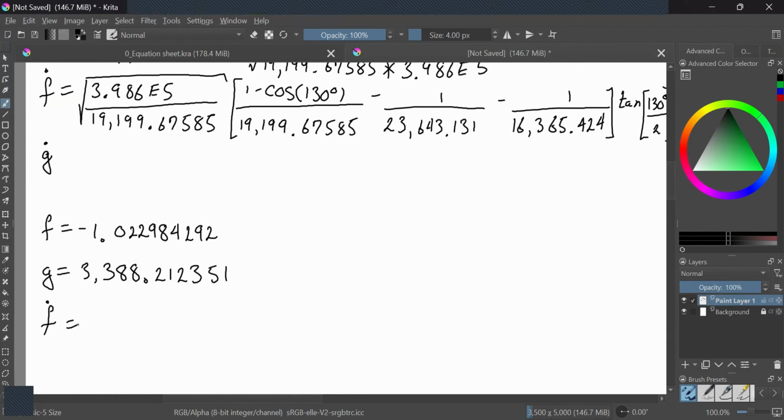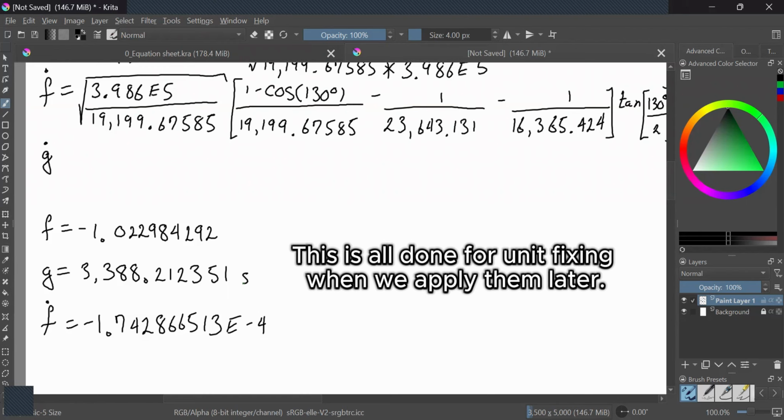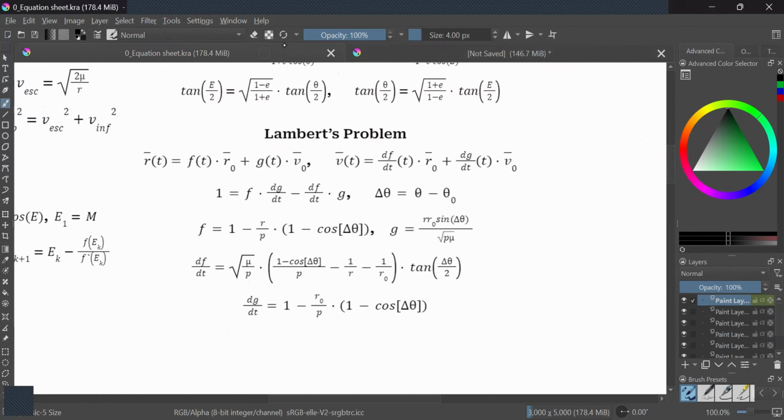All right, so our f dot is going to be minus 1.742866513 times 10 to the minus 4. It's worth noting that g has a unit of seconds and f dot has a unit of s to the minus 1.